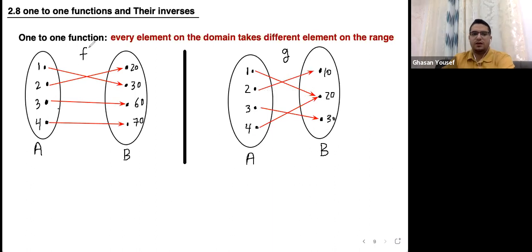Now let's check which element in set A goes to which element in set B. For f, 1 goes to 30, 2 goes to 20, 3 goes to 60, and 4 goes to 70.